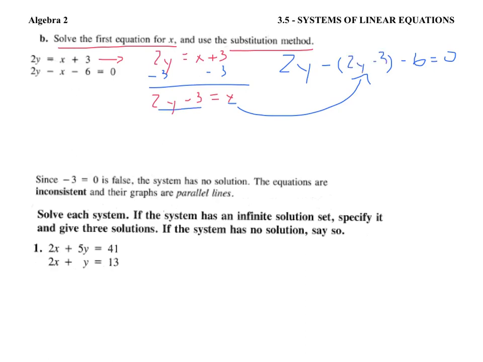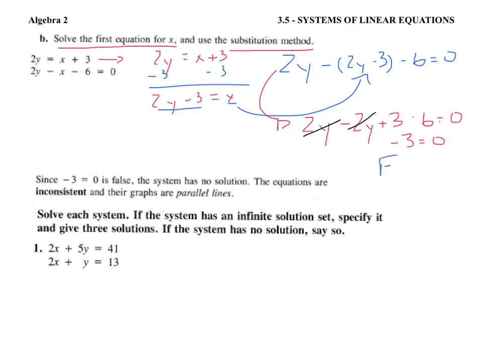2y minus 3. I take this down here, so I'll have a little more space. 2y minus 2y plus 3 minus 6 equals 0. Note, positive 2y, negative 2y cancel. The 3 minus 6 is negative 3 equals 0.